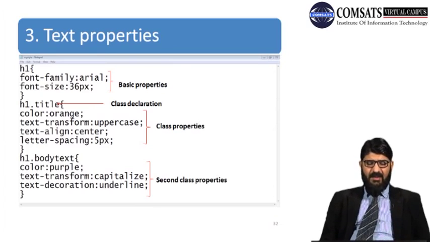So all the text in paragraph body text h1 will be purple with capital and underline, and all the text in the title of h1 will be orange, uppercase, centered with 5 pixel spacing, and all the basic properties of h1 are inherited and applied, that is Arial as the font style and 36 pixels.